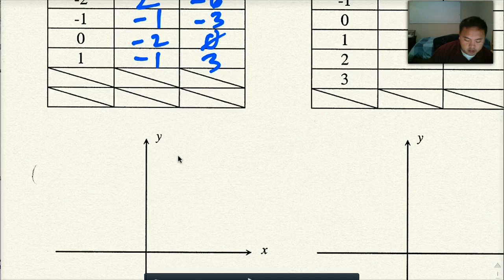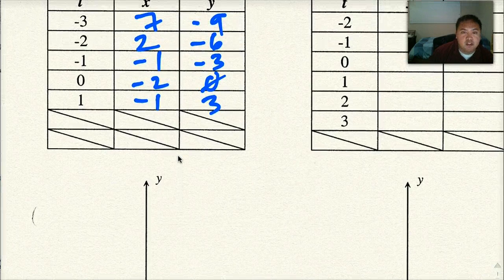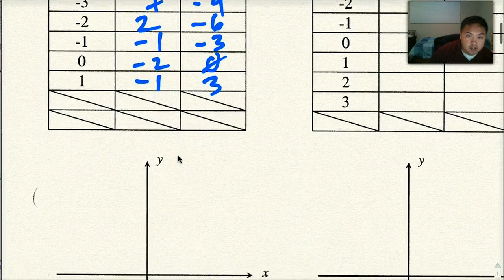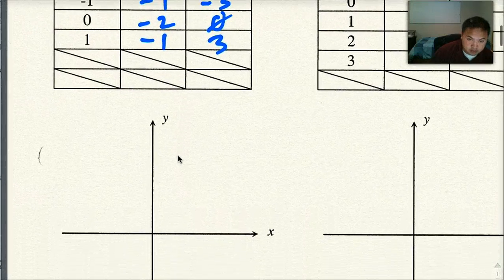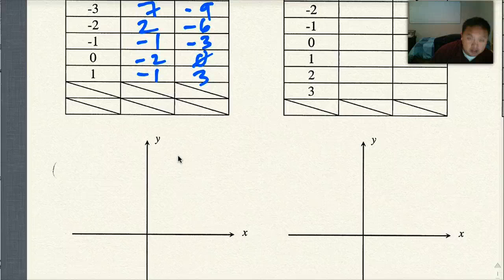So what I'm going to do is look at, here I have it in blue. I'm going to start plugging in those numbers. With these numbers, you may notice that some of them are very large, and there's no dashes on this graph. So I'm just going to guesstimate where these are going to be located. First of all, I see 7, negative 9. So on my graph, I'll zoom out a little bit.